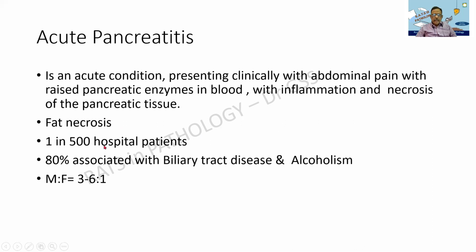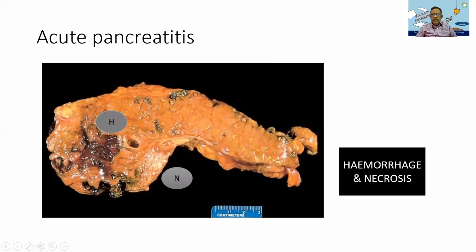It is not uncommon, and 80% will be associated with biliary tract disease or alcoholism. So these two are the common causes for pancreatitis. The male-female ratio is given over here. This is a gross picture of the pancreas, the head, body, and the tail.